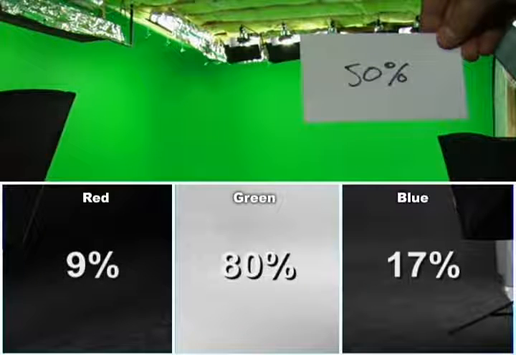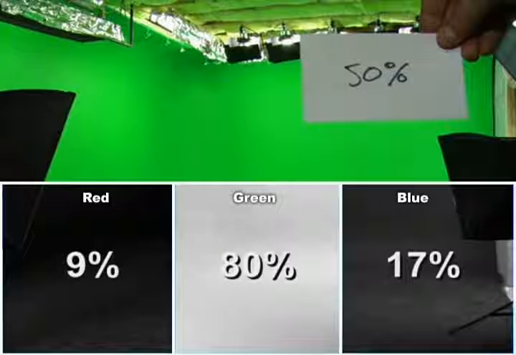the green channel is only 80% bright, whereas a perfect green screen would be 0, 100, 0. So why is that? Certainly no paint is perfect.